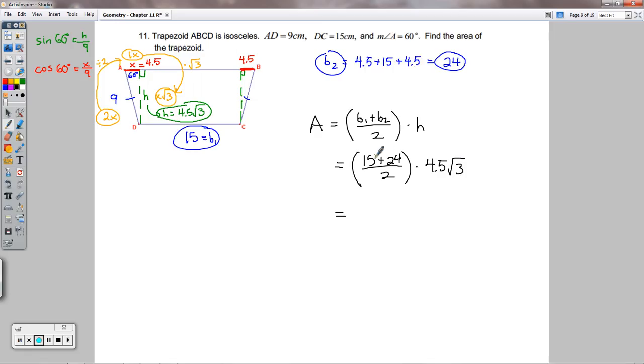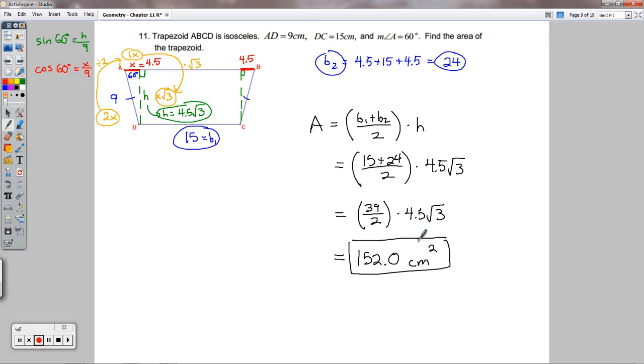So if we calculate this, this is 39 over 2 times 4.5 times the square root of 3. And it looks like that's going to be 19.5 times 5 times the square root of 3, which in the end we would get approximately 152.0 if we round that correctly to the nearest tenth. So that's centimeters squared there for the area.